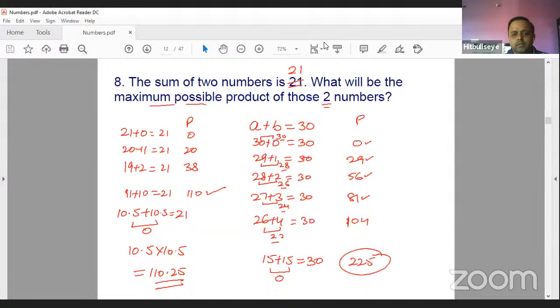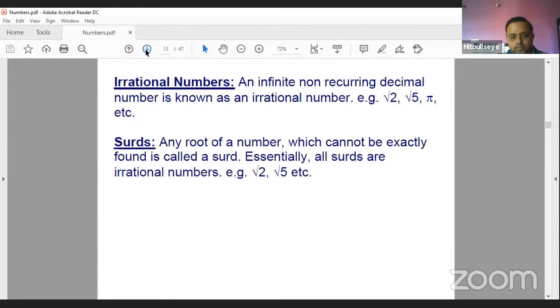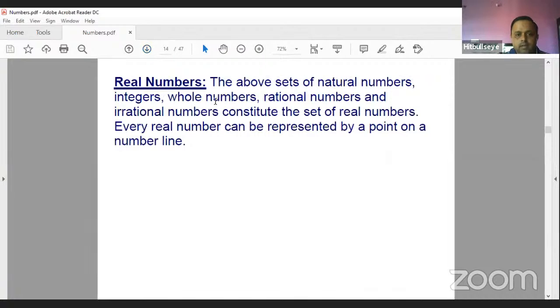This is the same question which I just used here. Real numbers means the set of all the natural numbers, whole numbers, integers, rational, irrational. If you take every number into consideration and form one single set, that set will be called the set of real numbers.